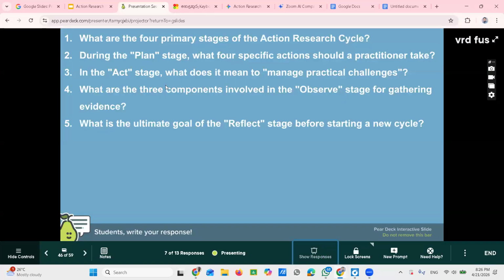In the act stage, what does it mean to manage practical challenges? When you are doing the act, you are converting planning into action. While you are doing that, you want to do more activities. That means your intervention period.